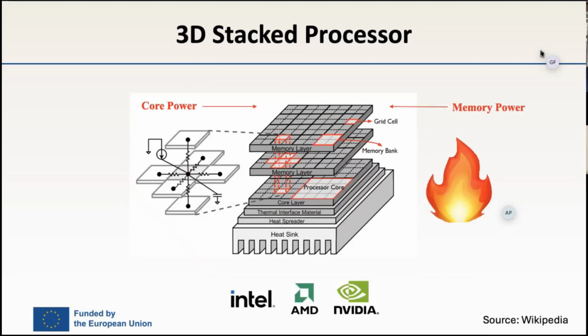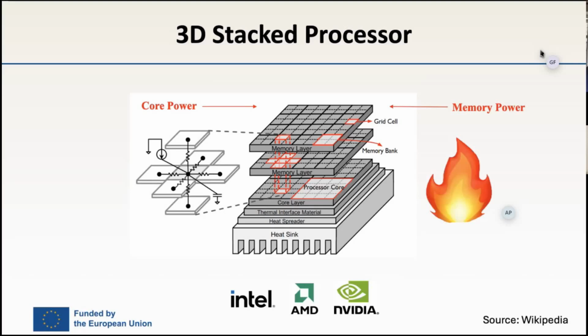So what happened with the 3D design is that you are putting the memory and the core and logic directly on top of each other, which means you send the power for both the memory and the logic to the same die, to the same silicon, but the surface area through which you can dissipate the heat is severely reduced, because now you do not have the same amount of surface area while your volume has increased.